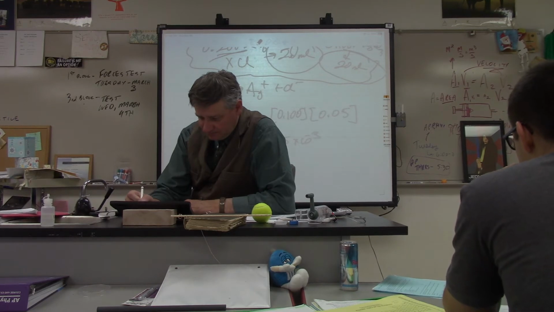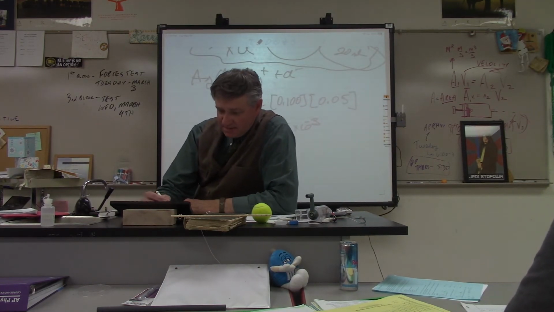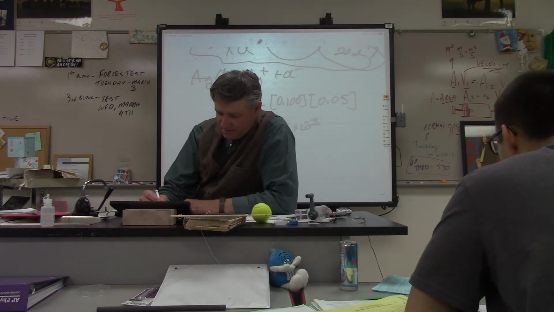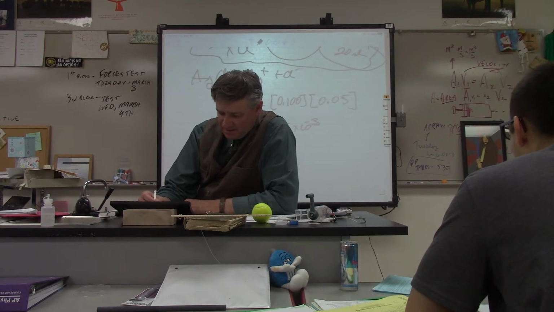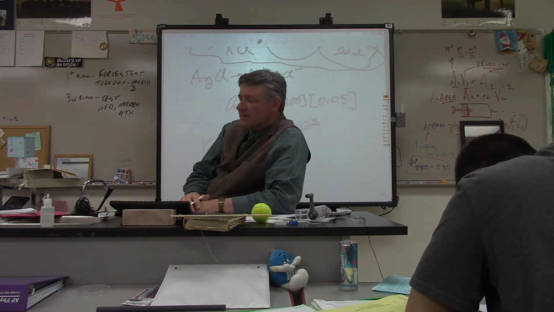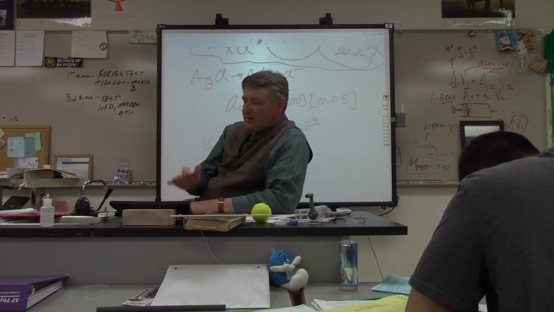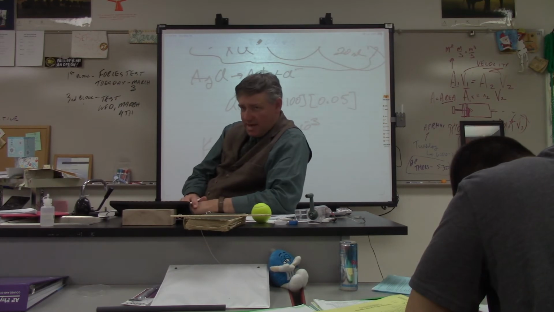Okay? So, if you look at the KSP of silver chloride, I don't know, I want to say it's something like 10 to the negative eighth. I'm just making up a number, let's just say 10 to the negative eighth. So since my QSP is so much bigger than my KSP, what's going to happen?